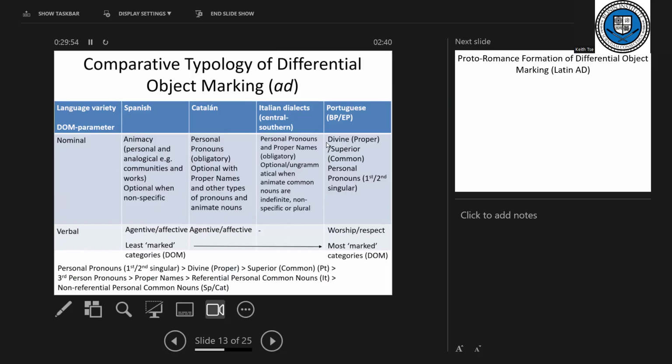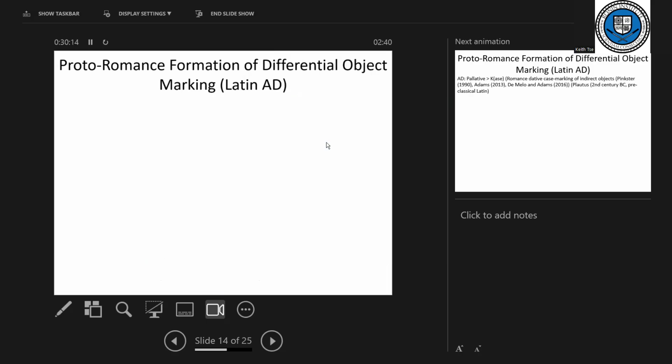These are marked, followed by Italian dialects that have slightly bigger types of objects that are marked, for example third person pronouns, proper names, and referential personal common nouns. And finally, in Spanish and Catalan, we get non-referential personal common nouns that are also marked in these varieties. So as I mentioned in the beginning, it's such a big distribution.